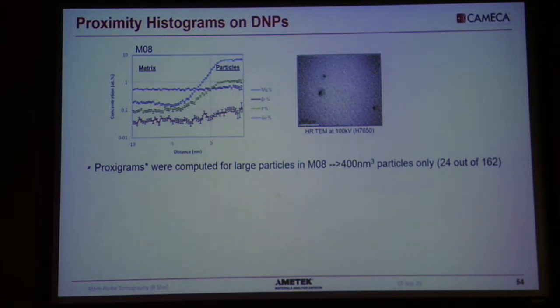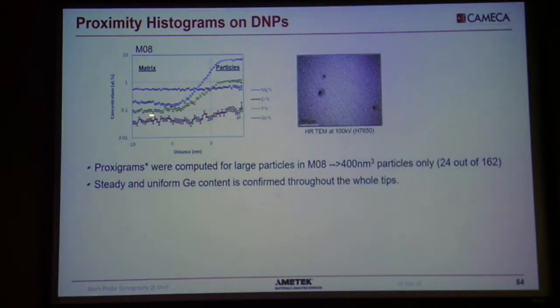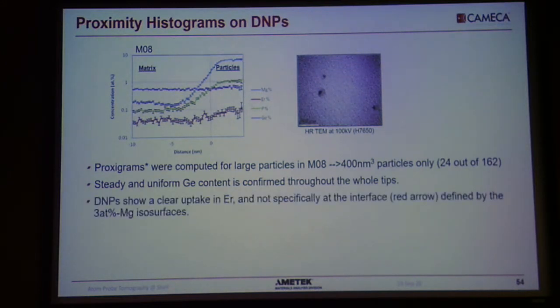What we could find, going from the matrix to the particle, is a 10-fold enrichment in phosphorus, a 100-fold enrichment in magnesium, and we could also see this enrichment in erbium, going from the matrix to the particle.